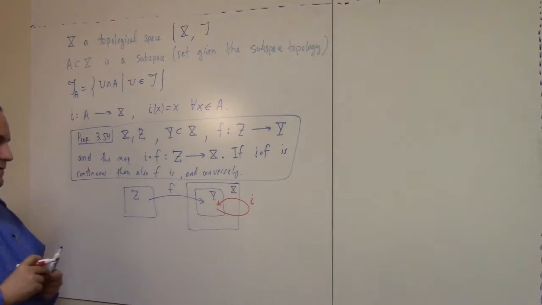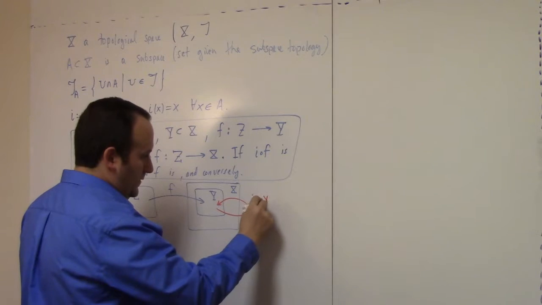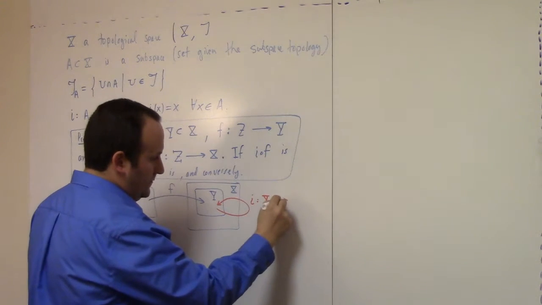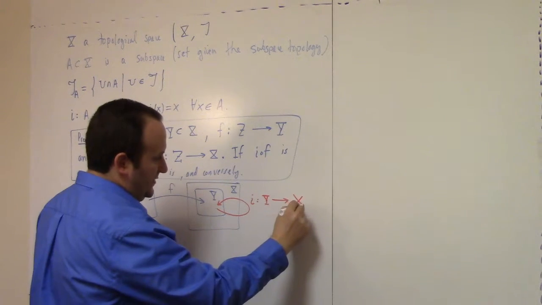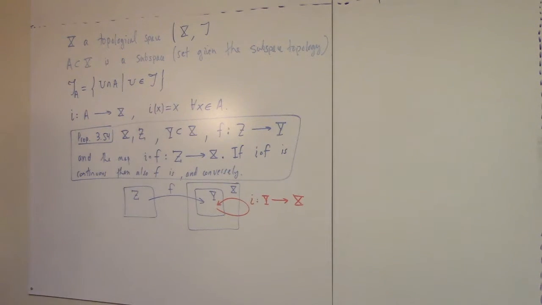So I is a mapping from Y to X. But of course, you could replace, the range of the inclusion map is just Y again also. So the codomain X there is of course not, unless Y is equal to X, that's not a surjection.